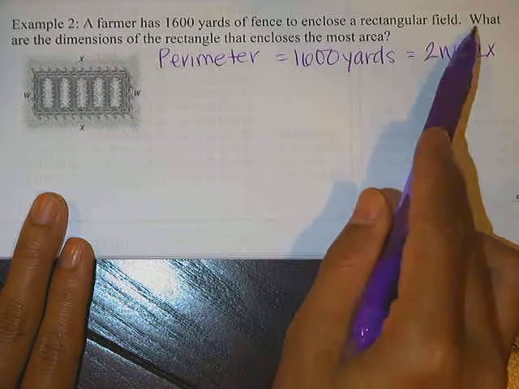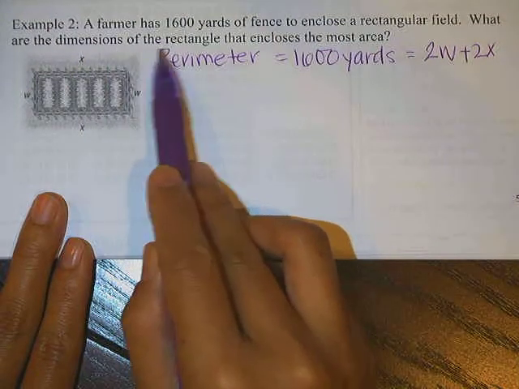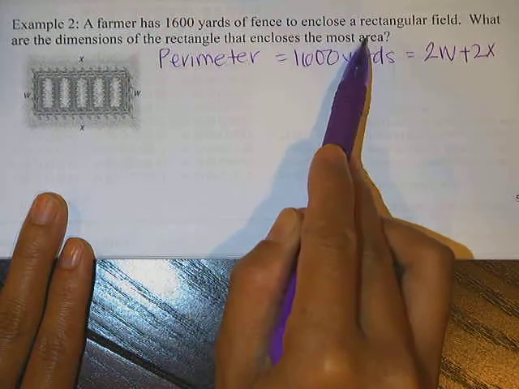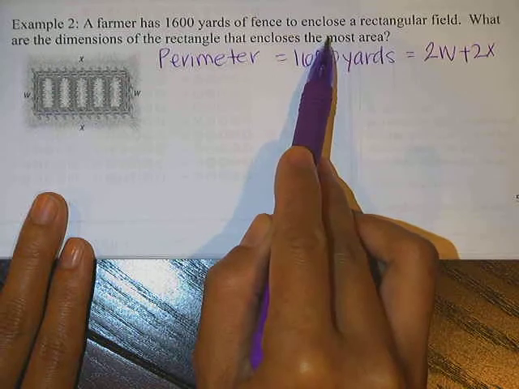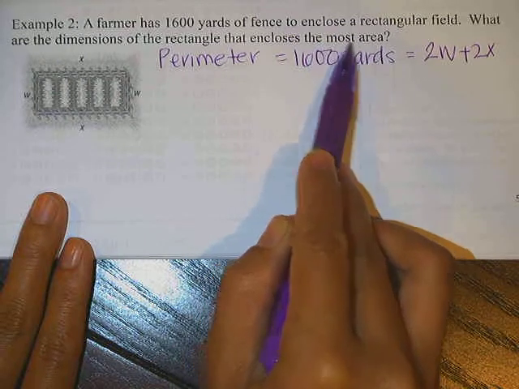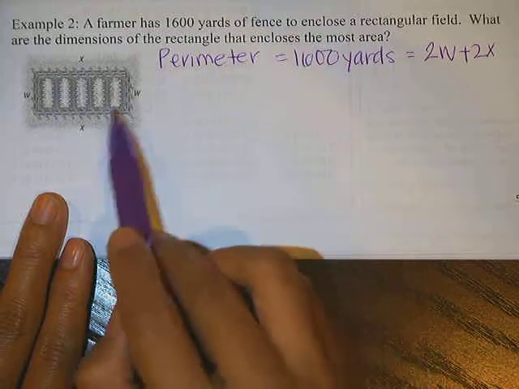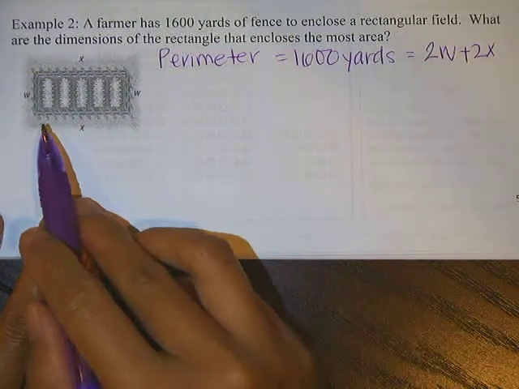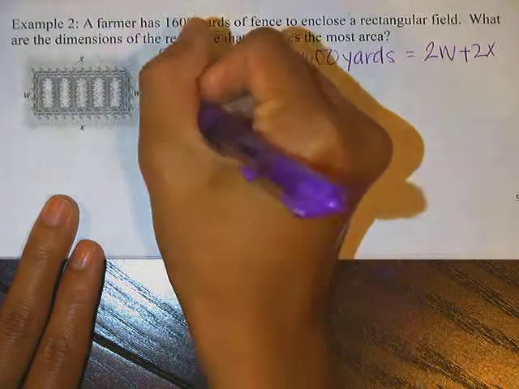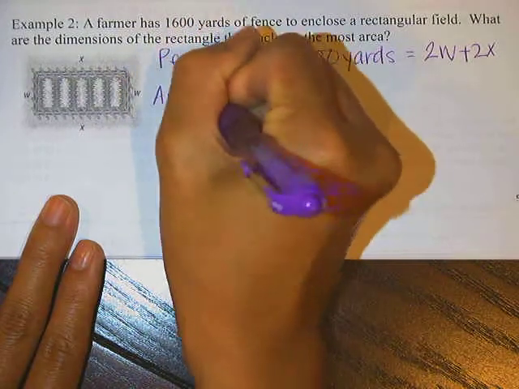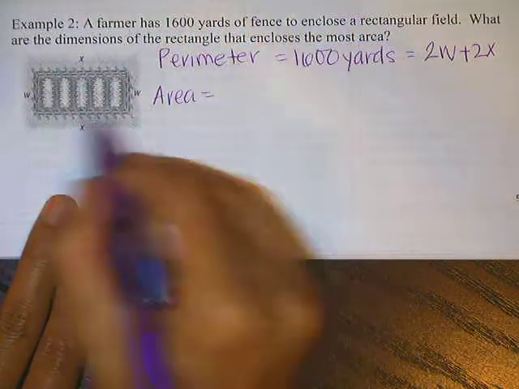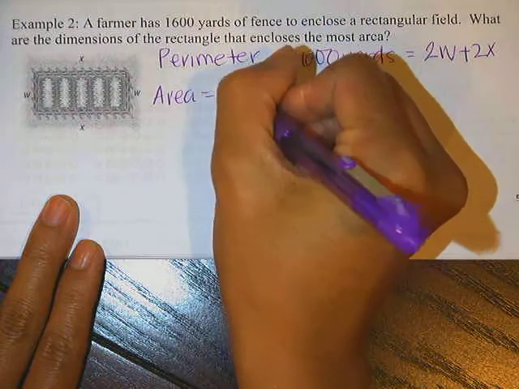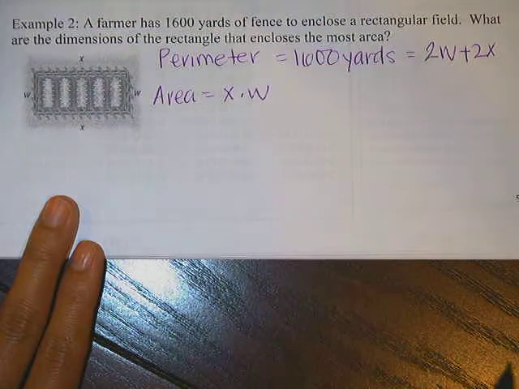It's asking us what are the dimensions of the rectangle that encloses the most area. So I want to know what I need to do to make the largest area for my garden or my chicken or my pig, whatever it is that I have to use this fence for. So area equals base times height, which in this case is x times w.